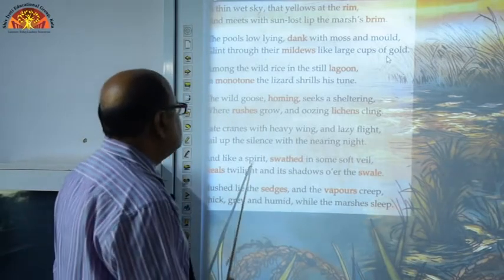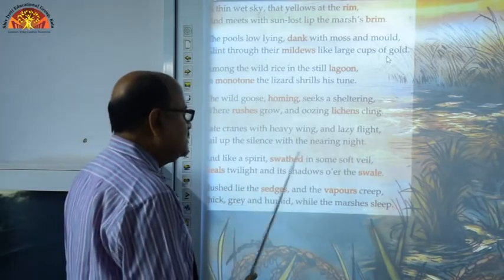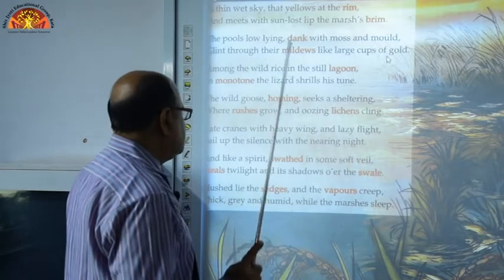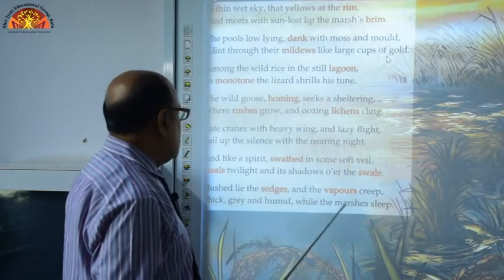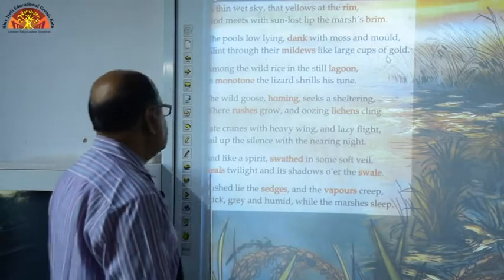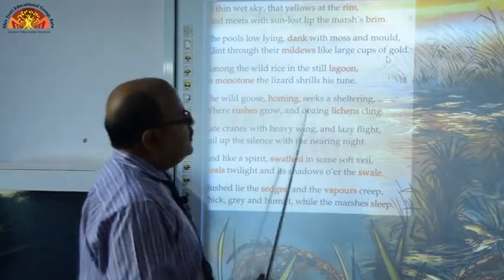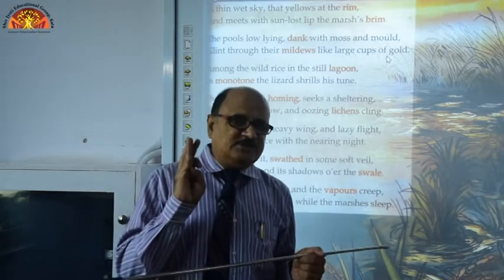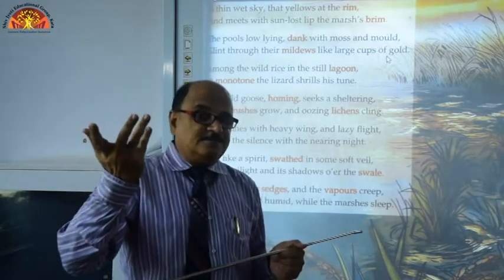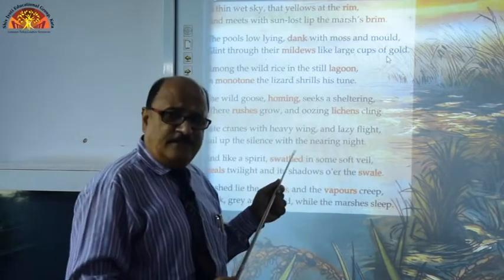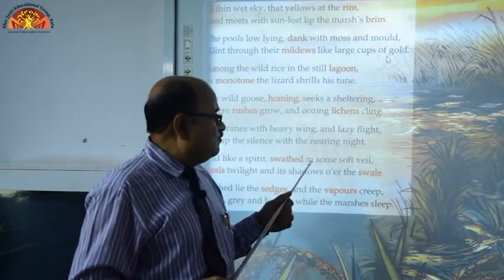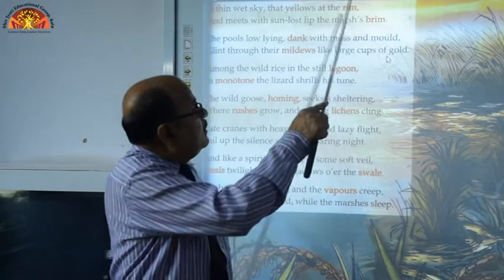So, I told you spirit swathed, S. So, this is alliteration, got it. We can say steals, shadows, swale, alliteration. So, dear students, personification, extended metaphors, alliteration. These are some poetic devices along with rhyme scheme.